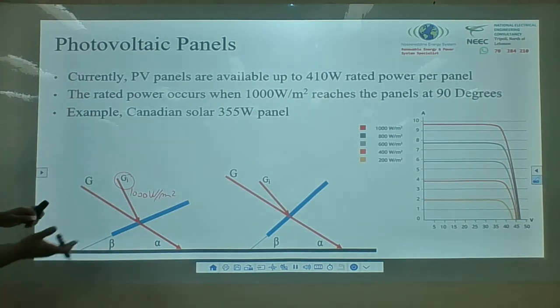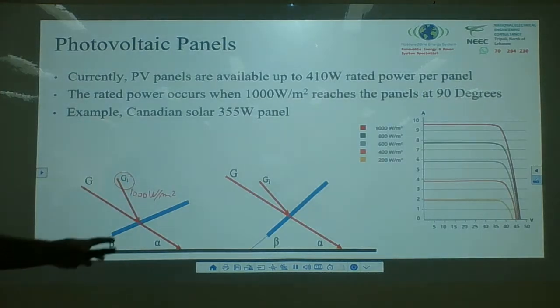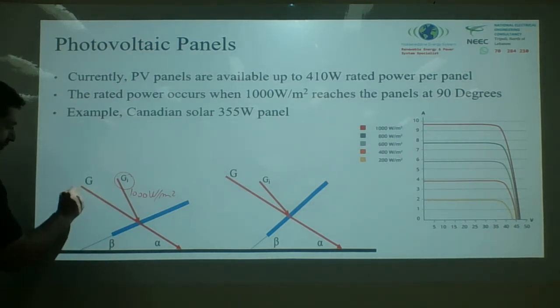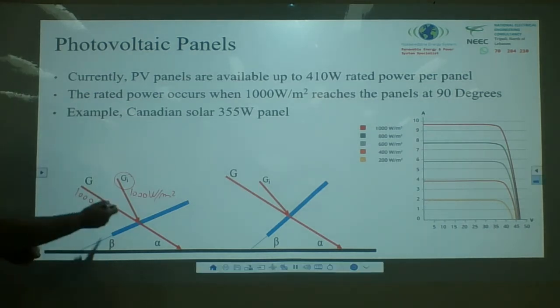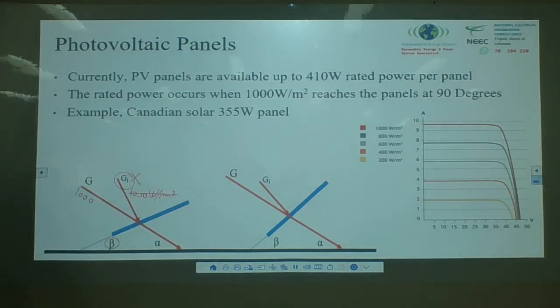As you can see, depending on how I tilt my angle and how I orient my angle, this will change. So for example, if now the sun is giving me 1,000, based on my tilt angle, this is no longer 1,000. Could be 900, could be 950, could be 800.